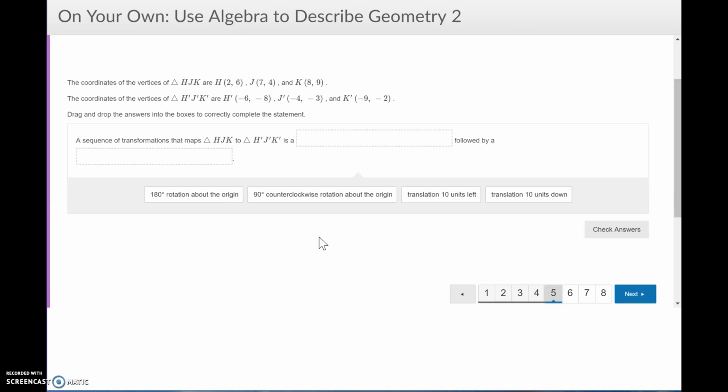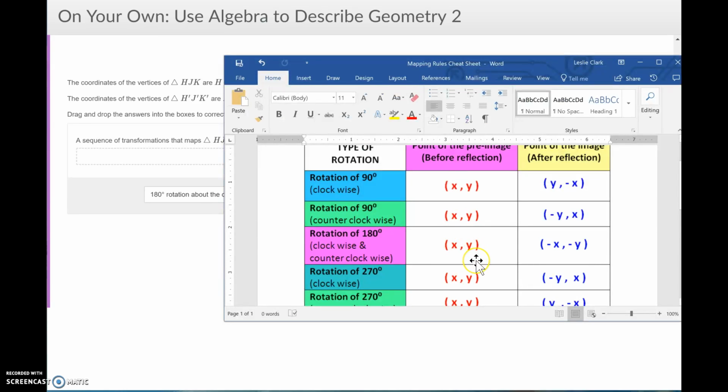So the first thing we notice is that it looks like our coordinates switch places, like y became x and then turned negative. So let's look at our sheet. What happened? Where does that happen?